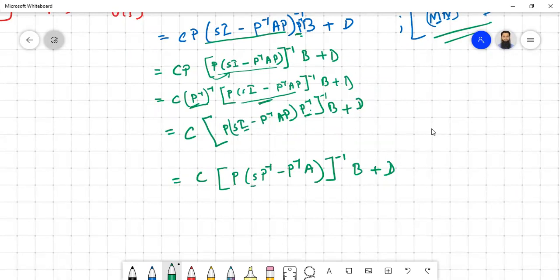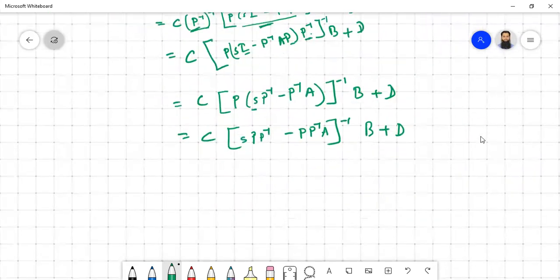Now, since S is just a constant, we can easily multiply S P P inverse minus P P inverse A inverse B plus D. What you can see is that the P and P inverse are cancelling each other, so we are left with the identity matrix minus this identity.